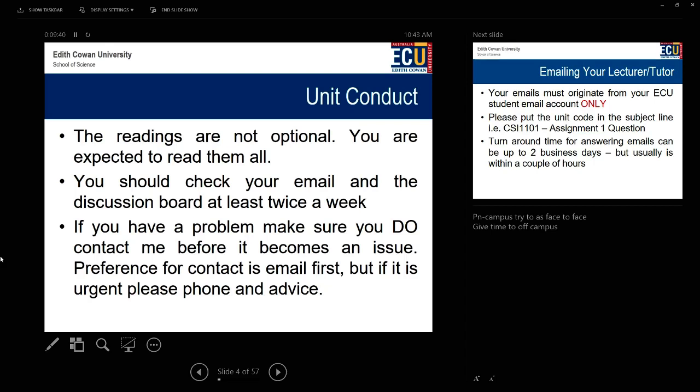Phone is an option, but try not to use it unless it is an emergency, because I may not be able to understand your question on the phone. It is better to write an email to me. It is more appropriate. Otherwise, if you've got an emergency, I don't mind, just give me a call. My phone number is available on Blackboard. You can call me, and if I'm there, I'll answer your call.